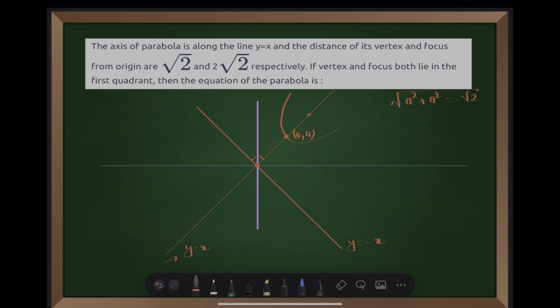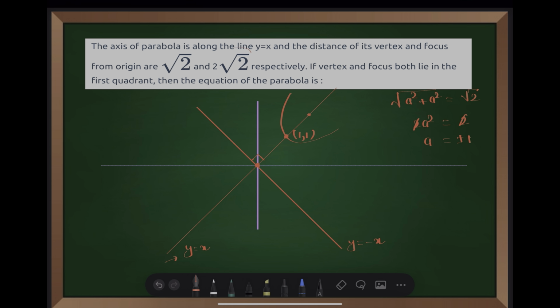Now can I go with squaring both sides? So 2a squared is equal to 2, so a is equal to plus minus 1. We are talking about the first quadrant, so this should be 1 comma 1. Correct? So you got your vertex.